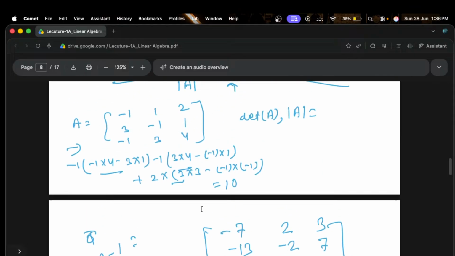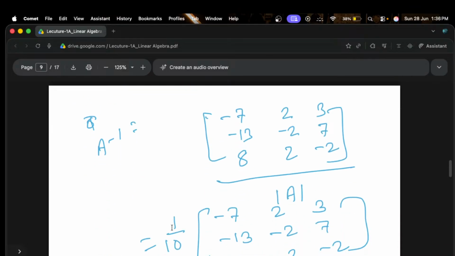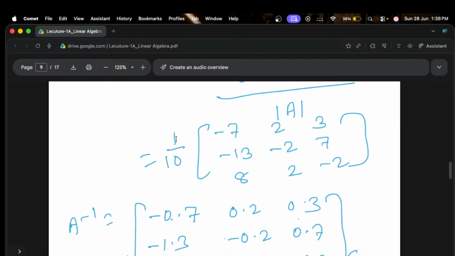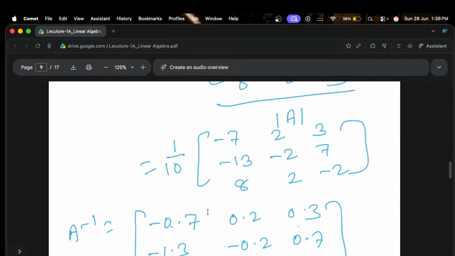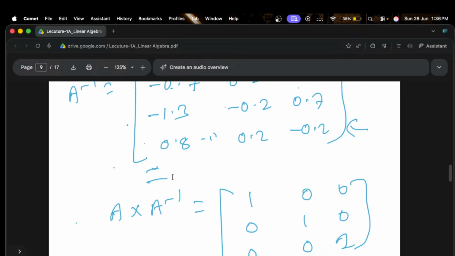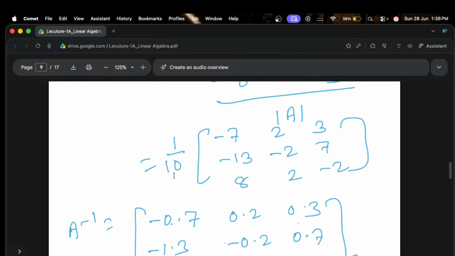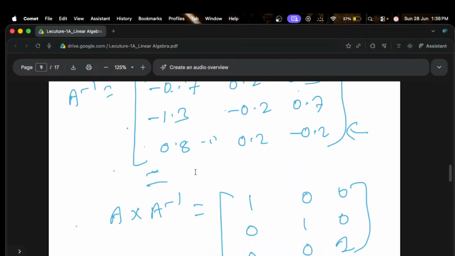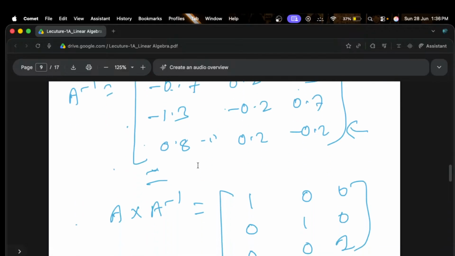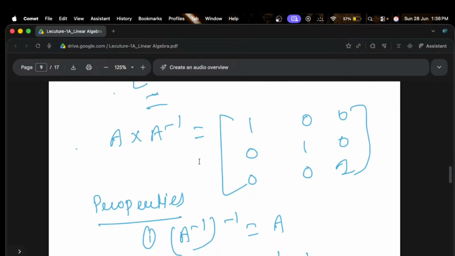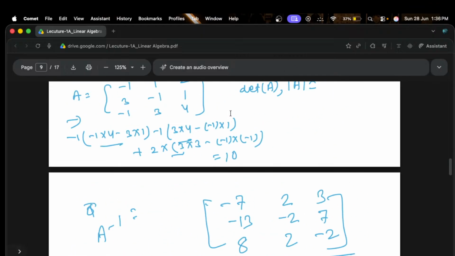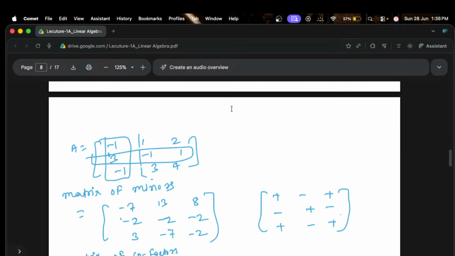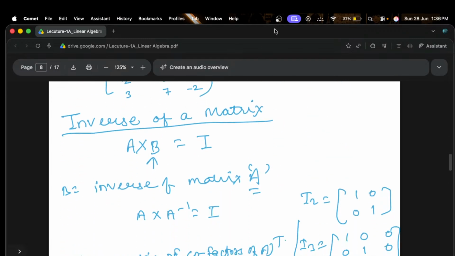And for the inverse of this, if the determinant is 10, then it will be 1 by 10. If we multiply the value of 1 by 10 into all, it will become this, and then we can find A cross A. Probably I have to see the lecture for inverse too.